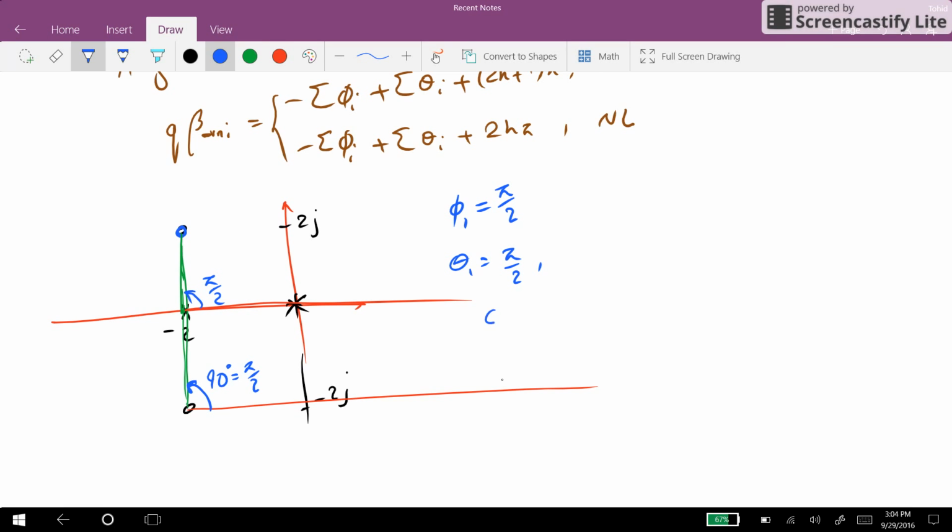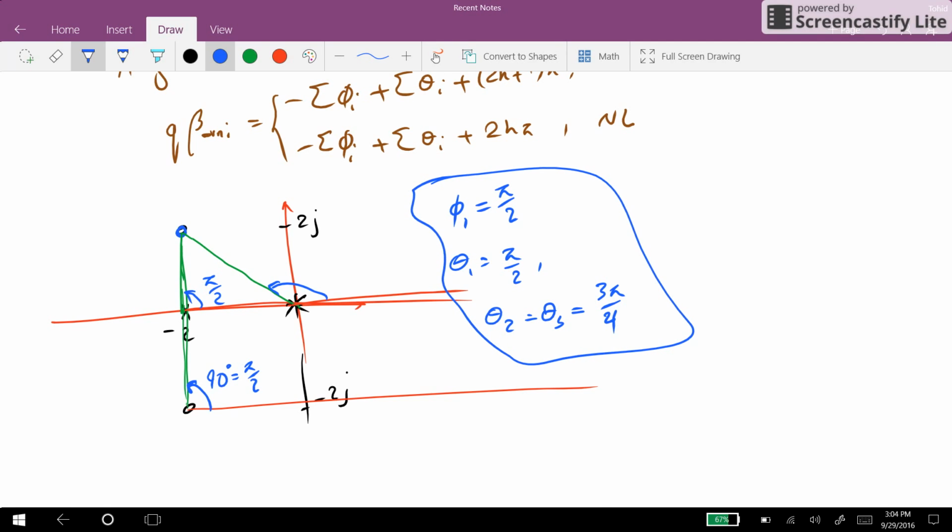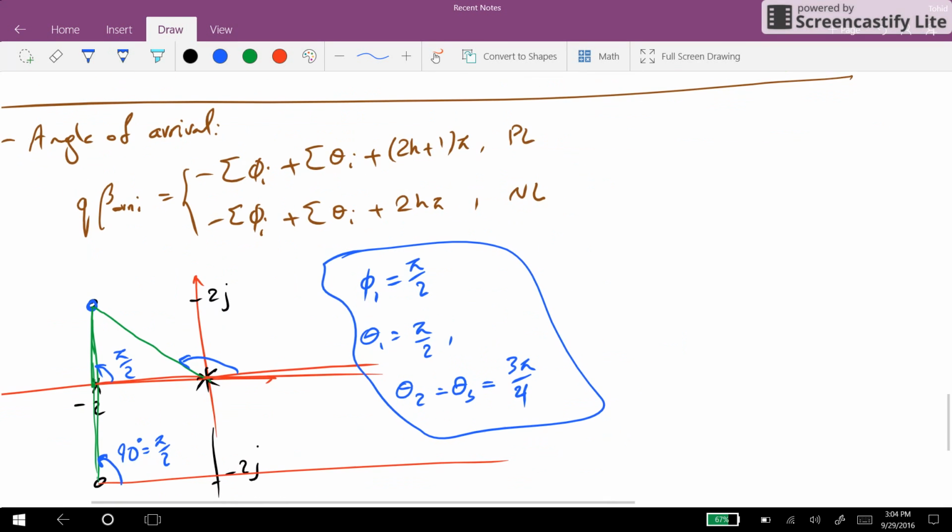And we have two poles here, theta 2 and theta 3, and the angle coming from them is equal to this angle, which is pi over 2 plus pi over 4, or 3 pi over 4. So that will provide us the angle of arrival at the zero by plugging these values into what we have here.